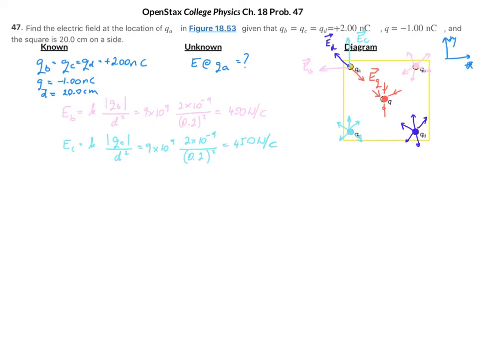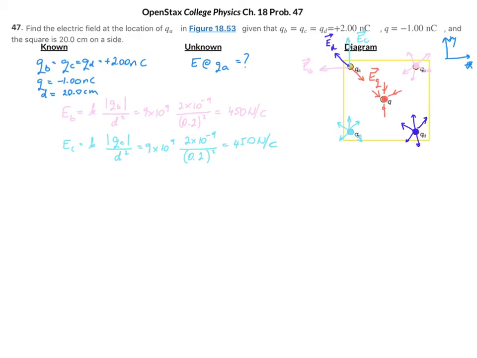Now we have to look at charge Q, and the electric field due to charge Q at this point points towards charge Q, and it has a magnitude of K charge Q divided by the distance from here to there squared. So what is the distance from here to there?